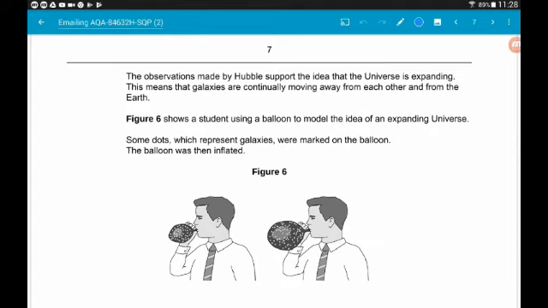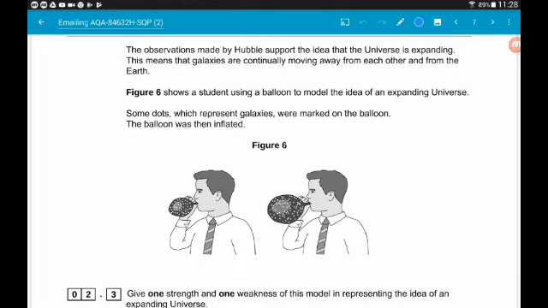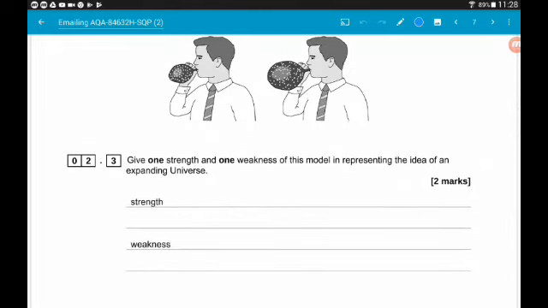Figure 6 shows a student using a balloon to model the idea of an expanding universe. Some dots which represent galaxies were marked on the balloon, and then the balloon was inflated. We are asked to give one strength and one weakness of using this model to represent an expanding universe.